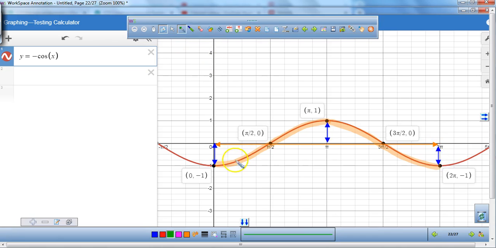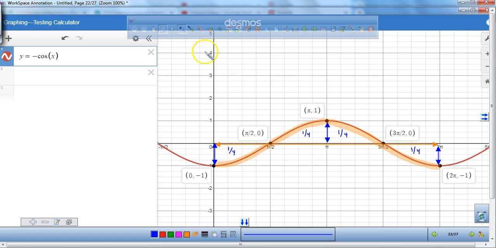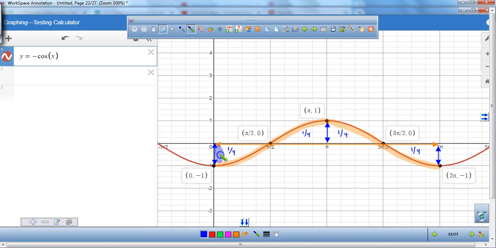So basically, from the minimum to the midline, that is a quarter of the way there. So that's 1/4. Here we go. Try to get 1/4 of the way there. This is a 1/4 of the way there, this is a 1/4 of the way there, and right here is a 1/4 of the way there. Hopefully, you're seeing this negative cosine function broken down into its quarters.